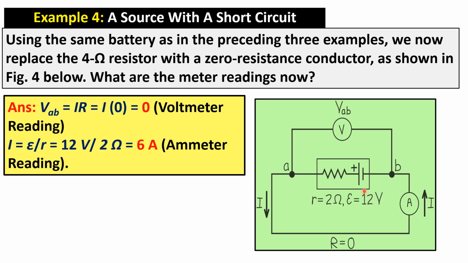In most practical situations, such as in car batteries, the internal resistance is so minimal as compared to what we have here in our example. The value of the small r is so small, and you can just imagine the amount of current that is generated by the car battery if a short circuit accidentally occurs.